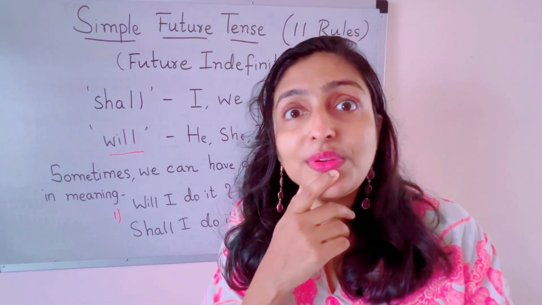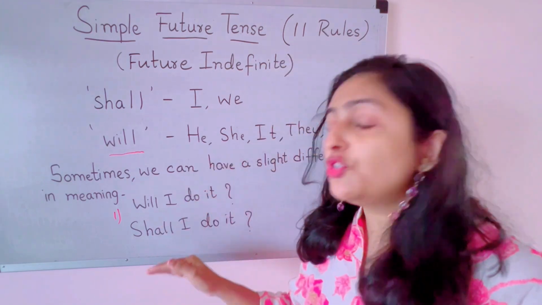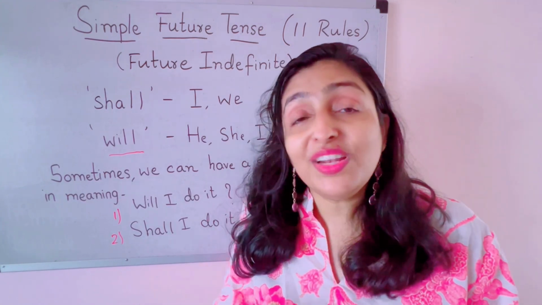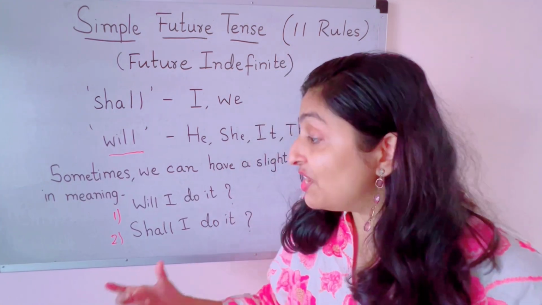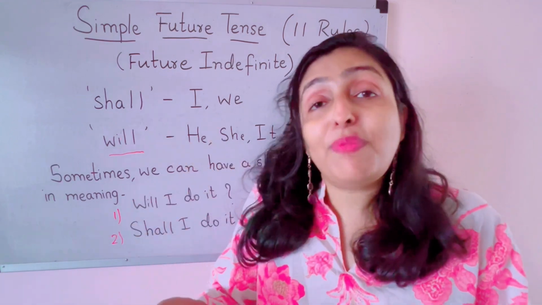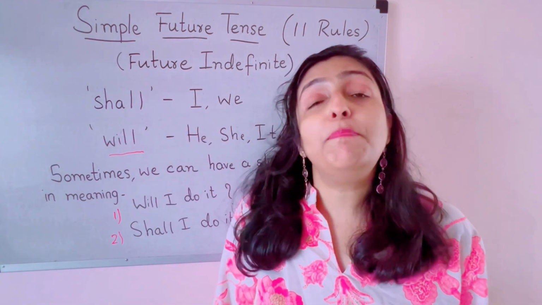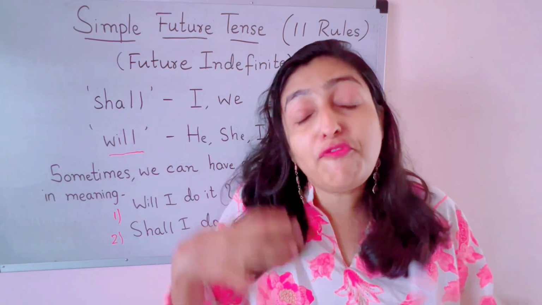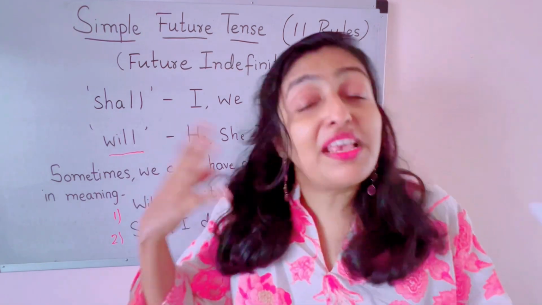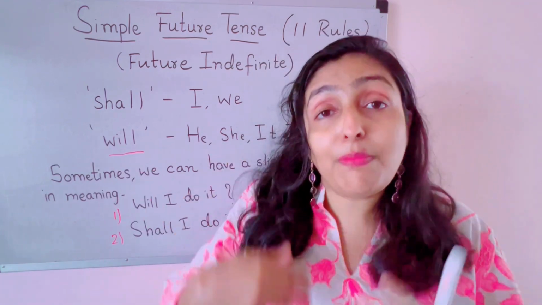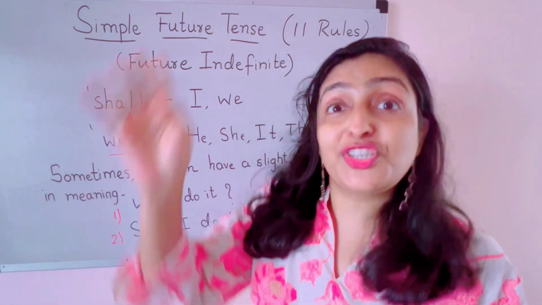Shall I do it? Now when I come to the second example, here I am not at all doubting myself. And here this sentence or question implies that there are many people to do it. There are many options, but I feel myself as skillful and talented and proficient enough that I myself am asking the boss, shall I do it?